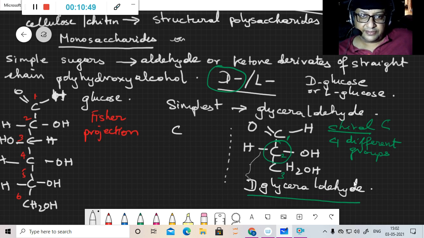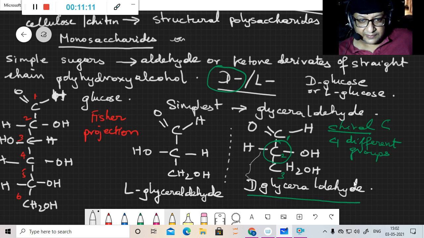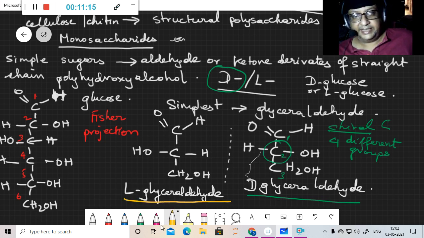And if this OH is on the left side, this is the L configuration. This is L-glyceraldehyde. So these are mirror images of each other, L and D.